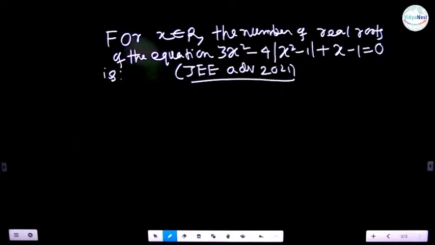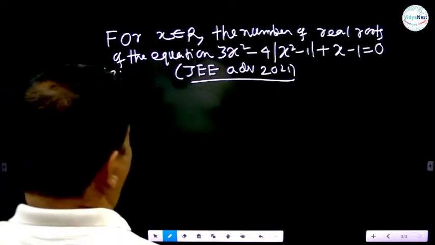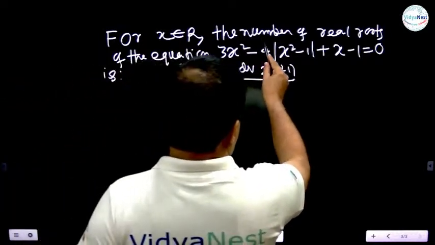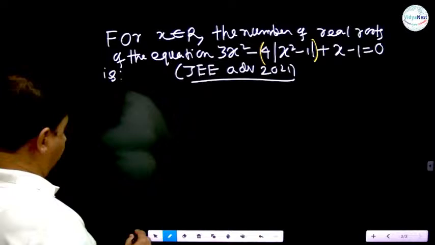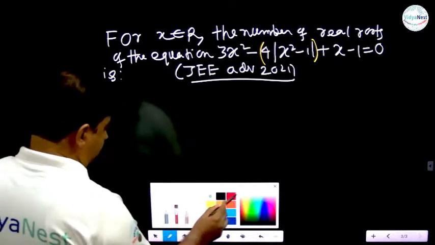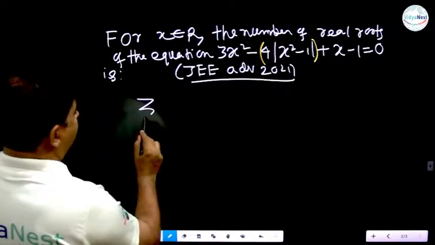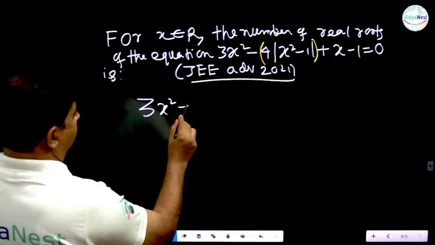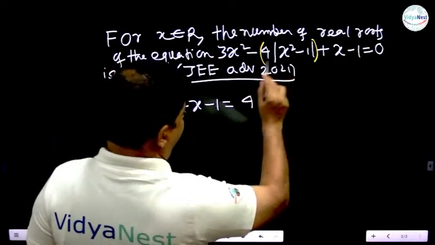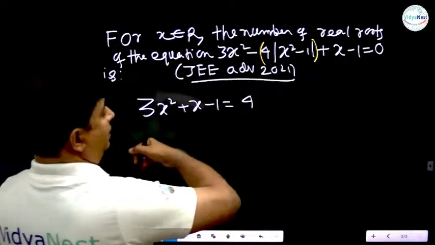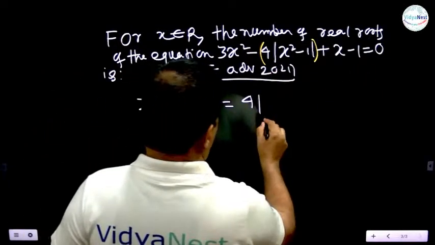Now see, first of all, how to tackle this type of sum. This part is actually the problem creator. So better if we rearrange this equation. That part which is the problem creator will be taken to the right hand side.